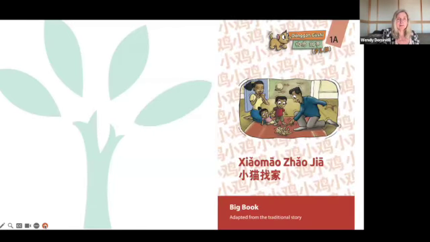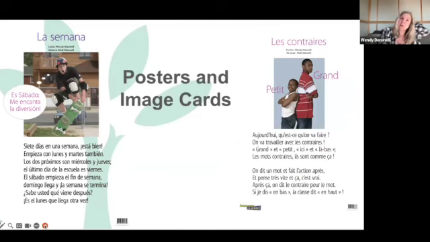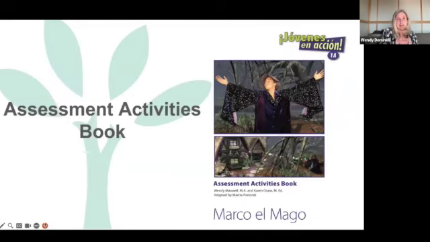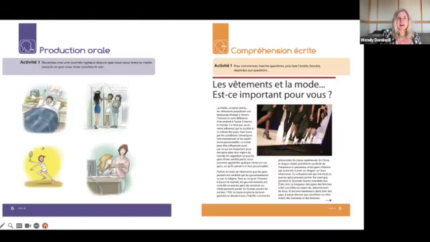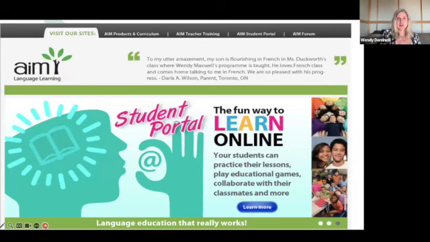We have big books, both hard copy and projectable. We have posters and image cards, again, hard copy and projectable. Assessment activities books as well, for assessment for and of learning and student self-assessment as well. We have a series of DELF-like tests that test for overall proficiency, and that comes in the new edition kits.